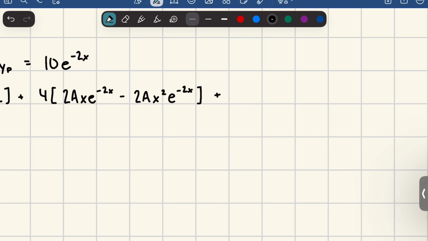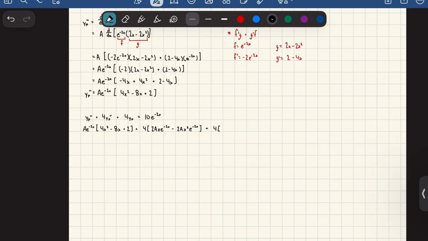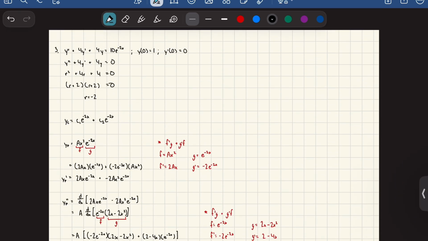Plus 4 yp, which is x squared e to the negative 2x.